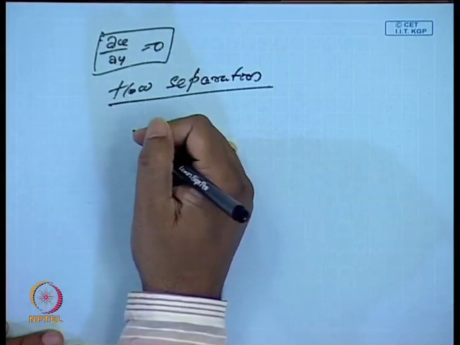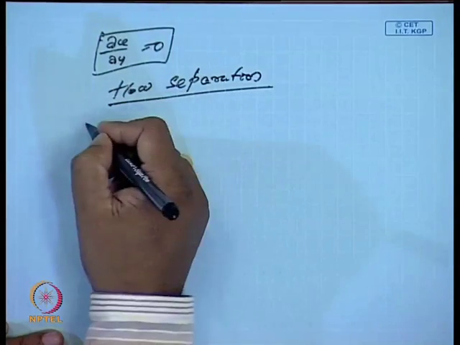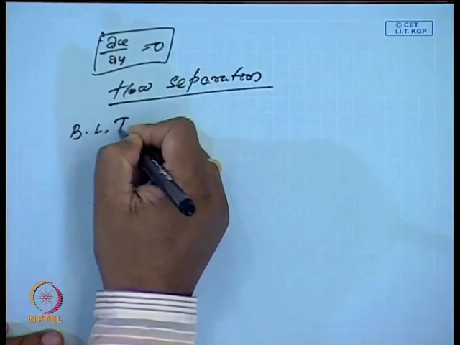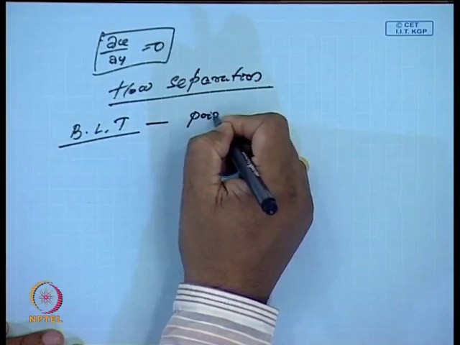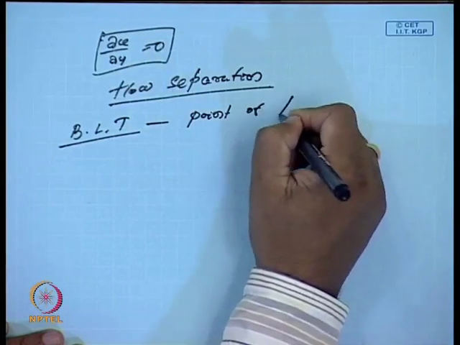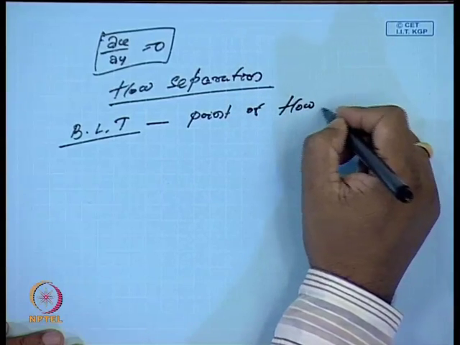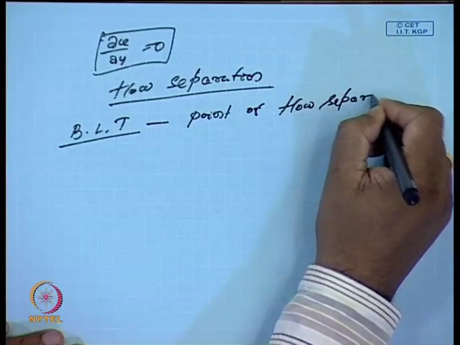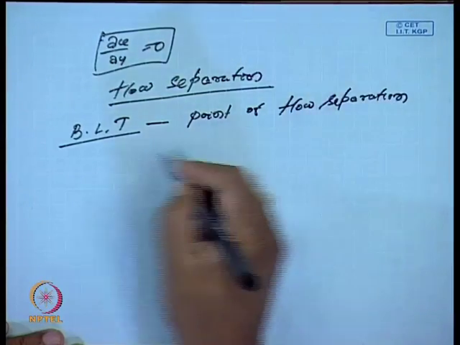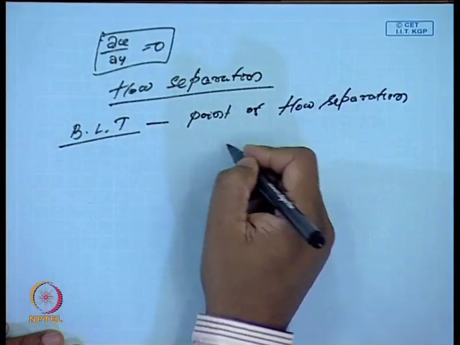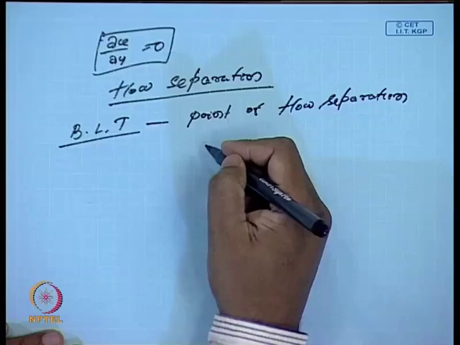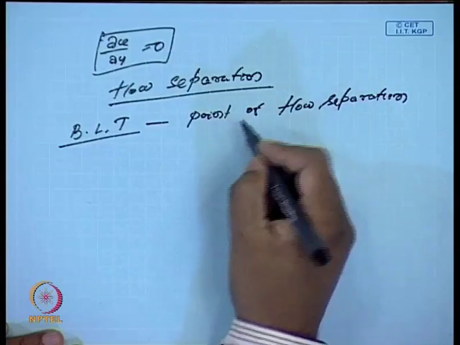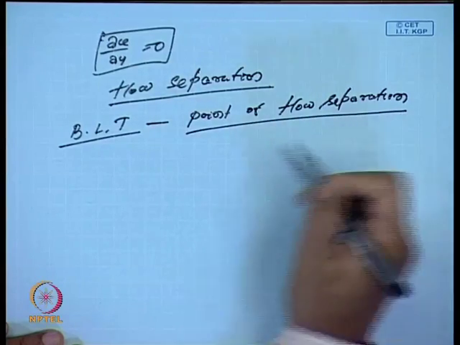Here, boundary layer theory is able to determine the point of flow separation. On the other hand, it is not able to tell the flow pattern or flow characteristics. It talks about the point of flow separation.